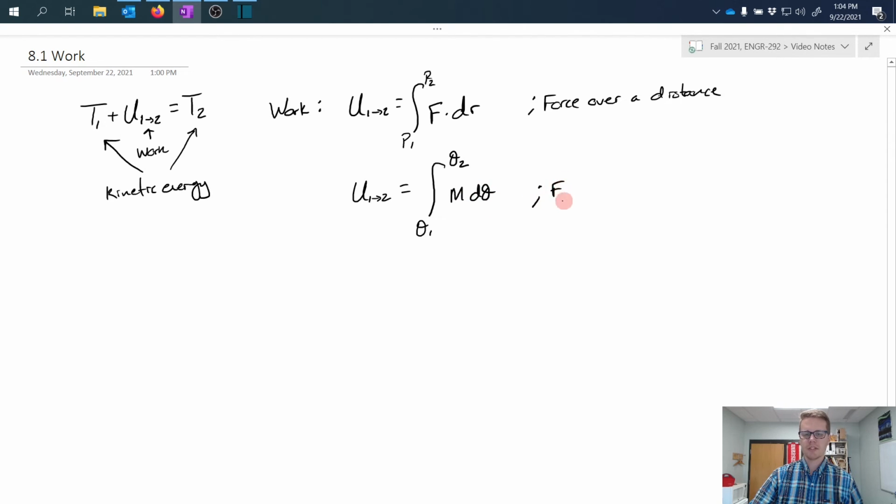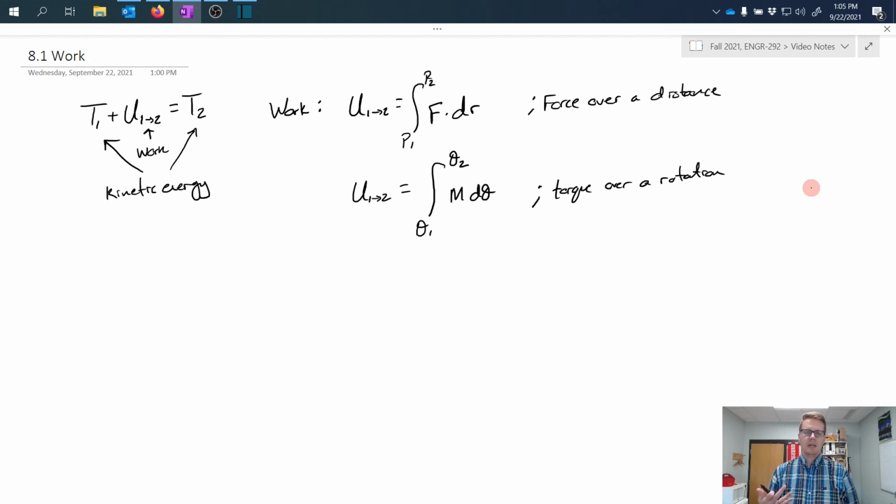And I could think of this as a torque applied over a rotation. So if I apply a torque to something, I twist it, I apply a torque, maybe here with my fingers, and it twists or moves over some change in angle theta, I'm doing work on that system, right? I'm changing the state of what's going on.